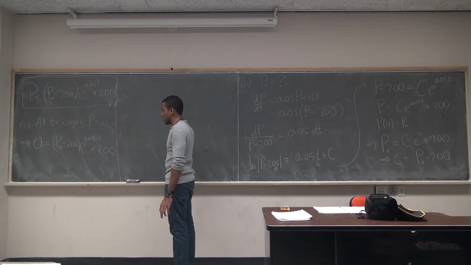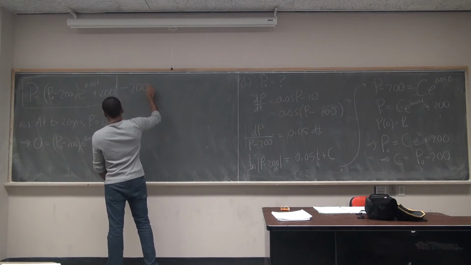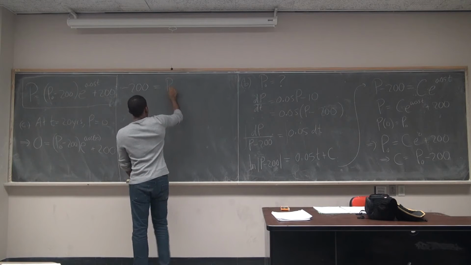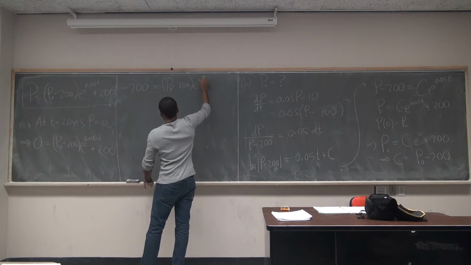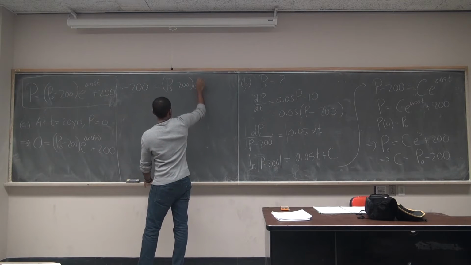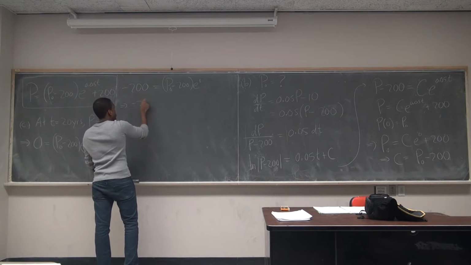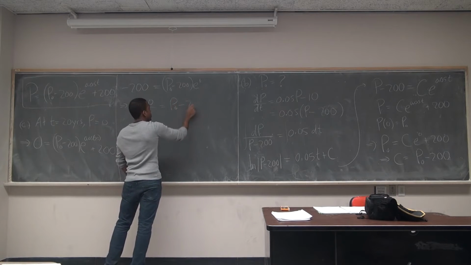Subtract 200. Move 200 to the other side, so I have minus 200 equals P naught minus 200 e to the 0.05 times 20, well, 0.05 times 20 is what? 1. Just 1. So then divide by e. So this means I have minus 200 over e is equal to P0 minus 200.